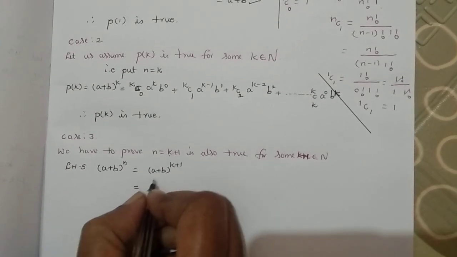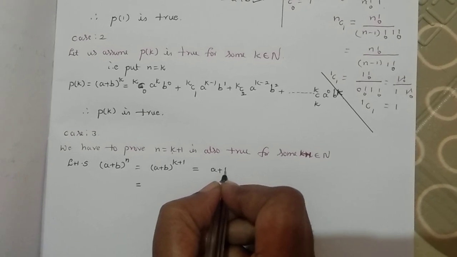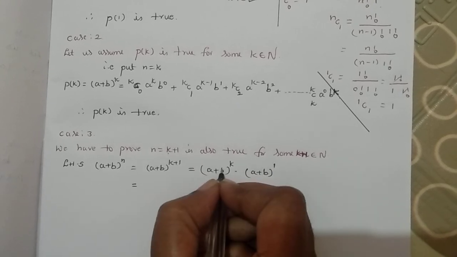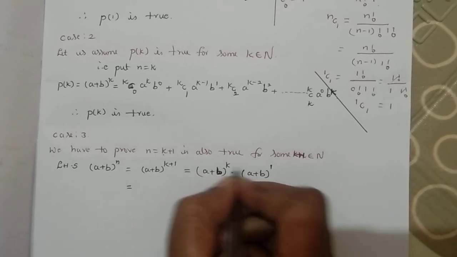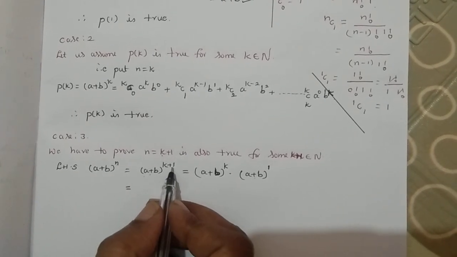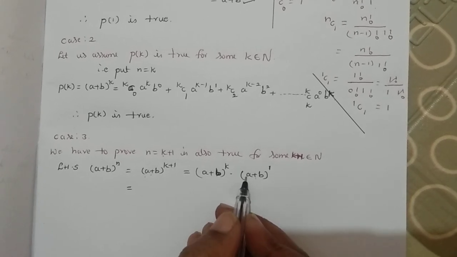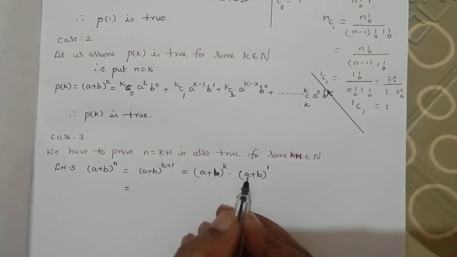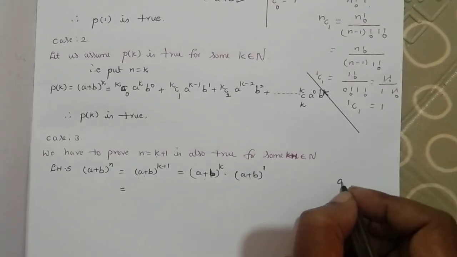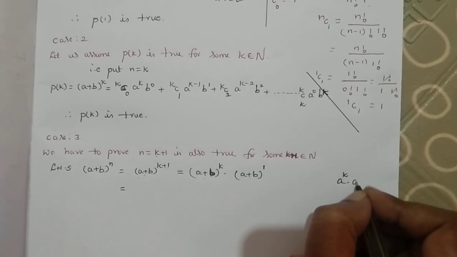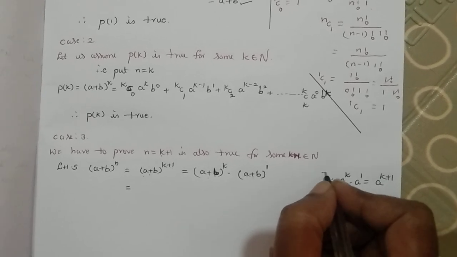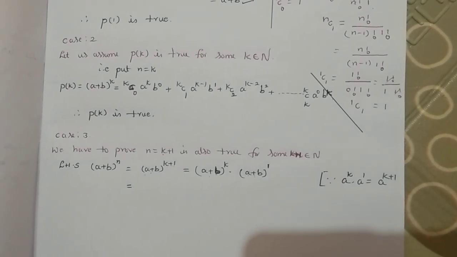Then in this expansion, we can split (a + b)^(k+1) into (a + b)^k times (a + b)^1. The bases are the same, and if we add the powers we get back to the same expression. So the bases are same and powers are different, which we know from the simple exponent formula.